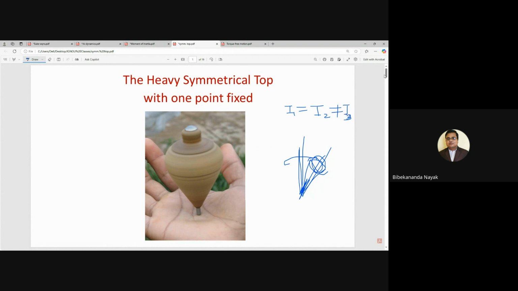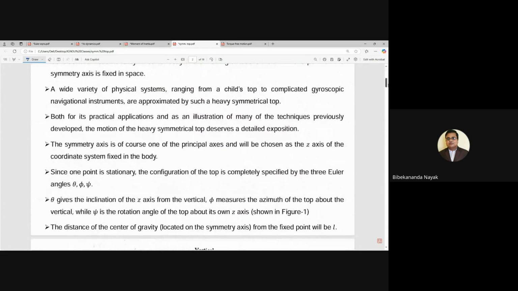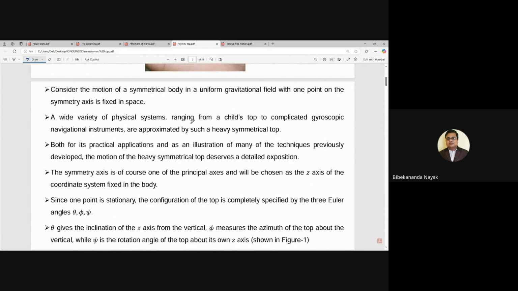Consider the motion of a symmetric body in uniform gravitational field with 1 point on the symmetry axis fixed in space. A wide variety of physical systems, ranging from child's top to complex gyroscopic instruments, are examples. Both for its practical application and many illustrations of techniques previously developed, the motion of a heavy symmetrical top deserves a detailed exposure.